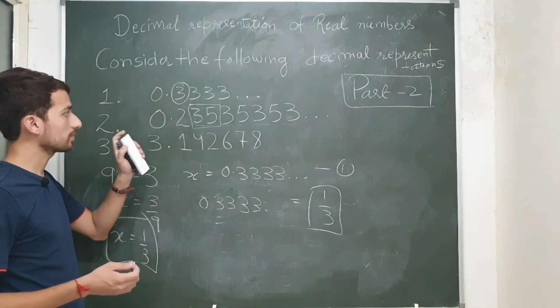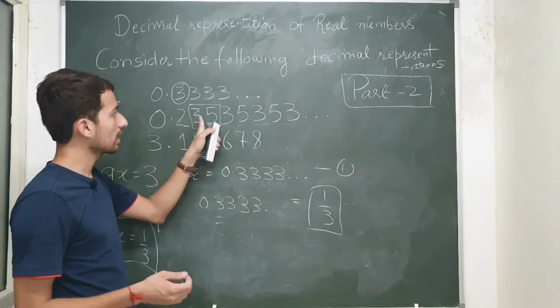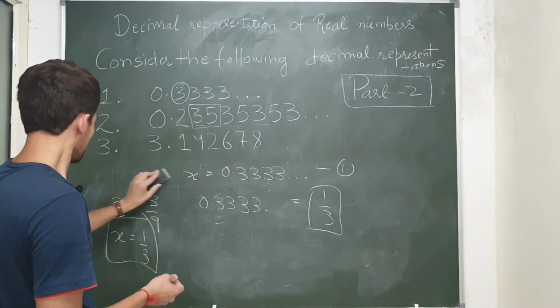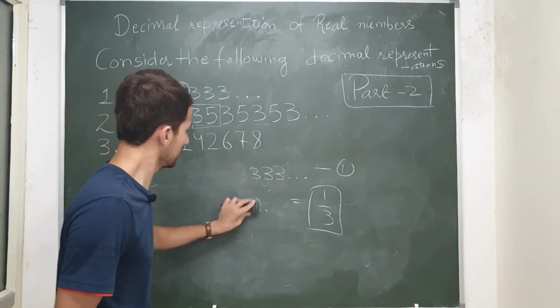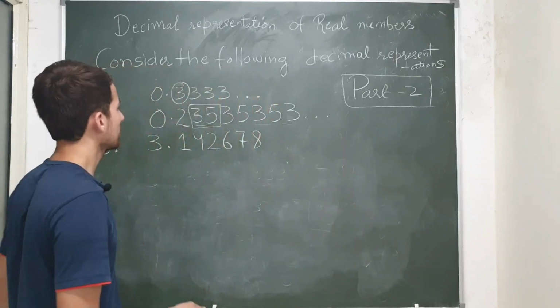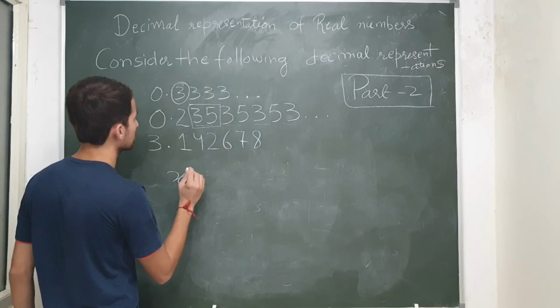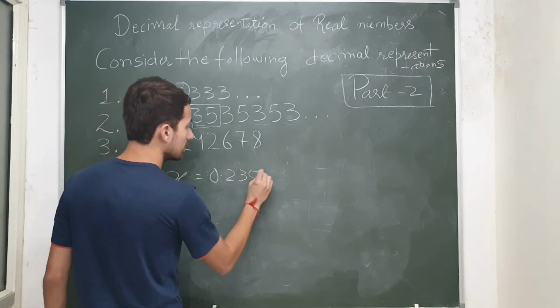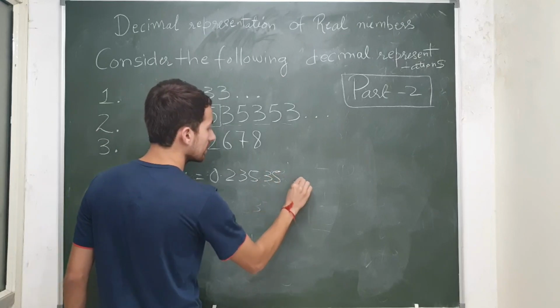If you observe in the second case, two digits are repeating. So again I consider it to be equal to x, 0.23535 and so on.